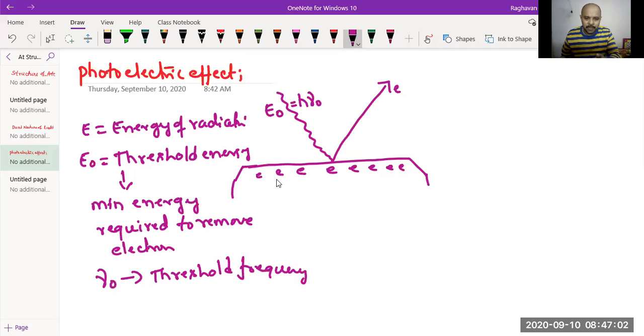What is that suitable frequency called? Threshold frequency. The energy corresponding to the threshold frequency is called threshold energy. Is that okay?